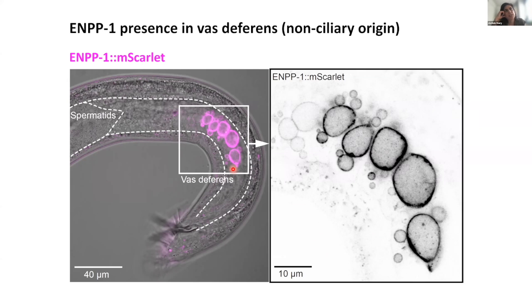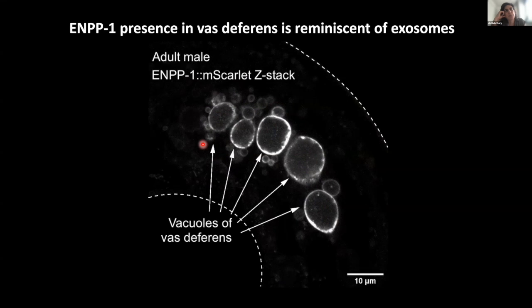But you don't have ENPP1 in the internal structures of these vacuoles? Yeah, no, they are filled with it. It's a lot brighter on the membrane, and you think it's kind of dim inside, but it's very bright inside. It's just a matter of brightness and the amount on the membrane.